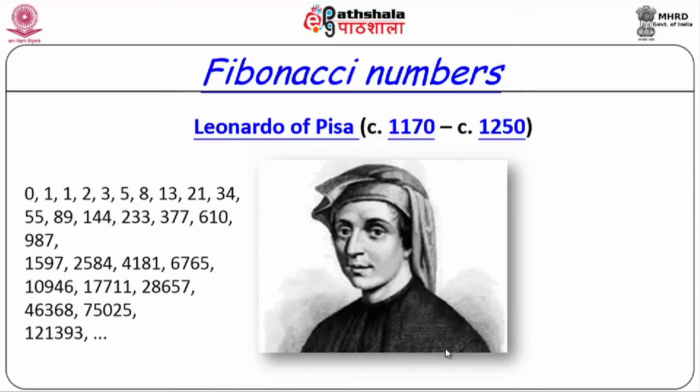The Fibonacci sequence was given by Leonardo of Pisa. The numbers are 0, 1, 1, 2, 3, 5, and it goes like this, where you can make an important observation that every number is the sum of the two previous numbers.